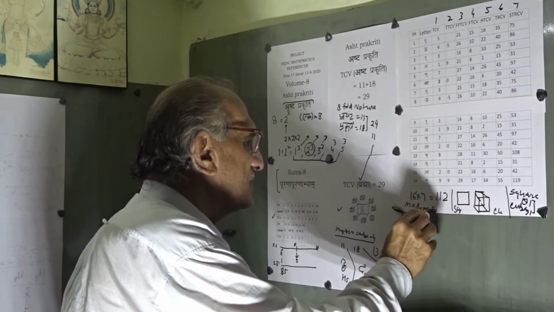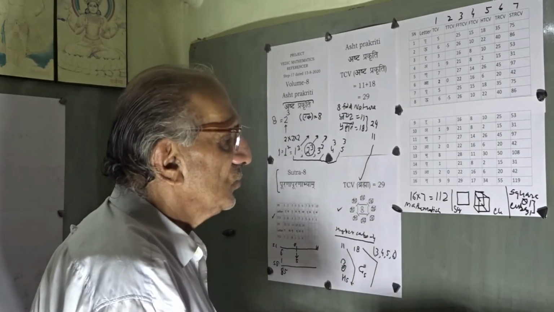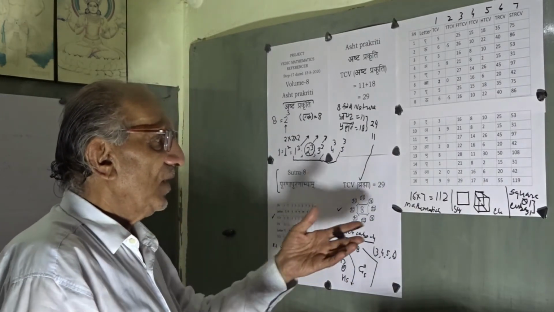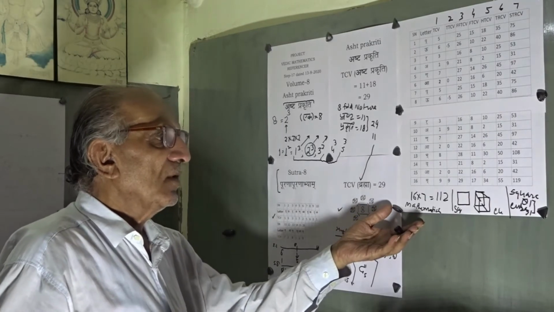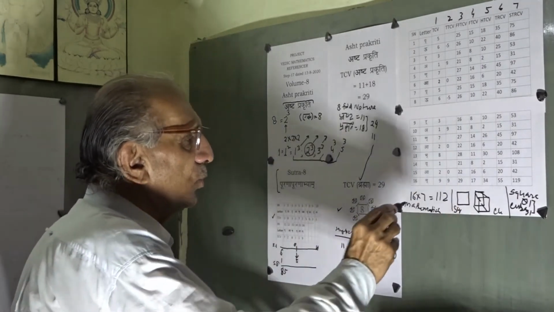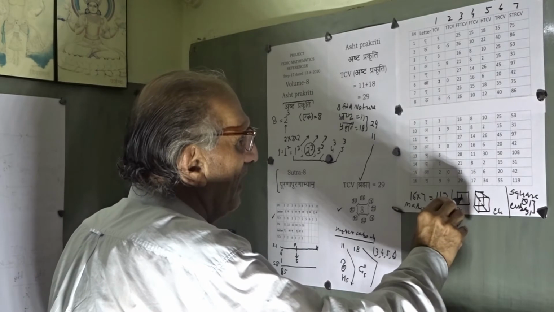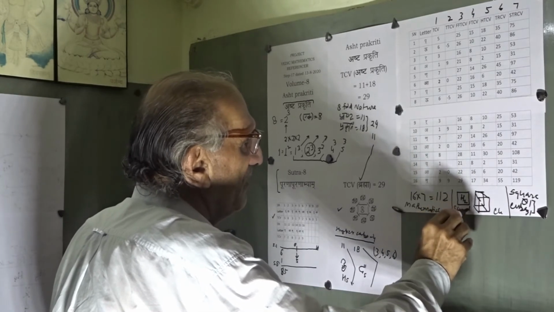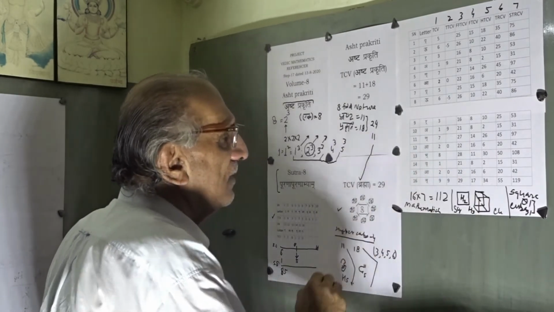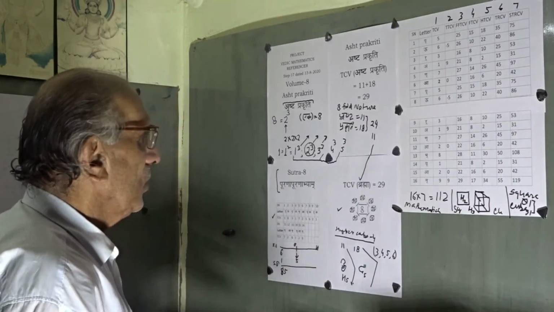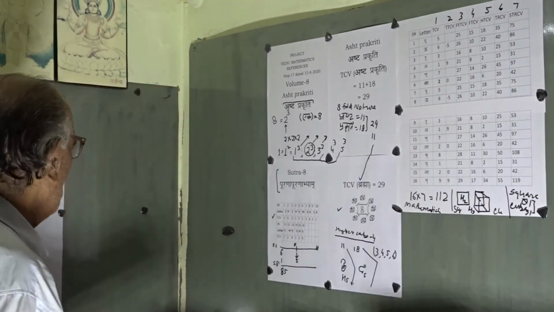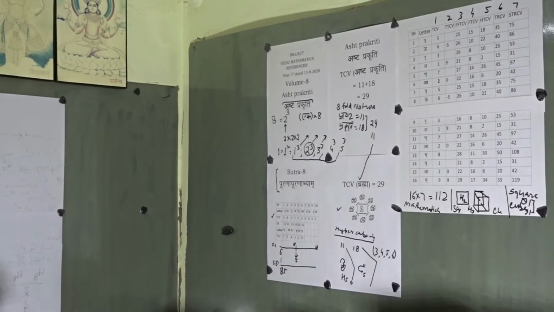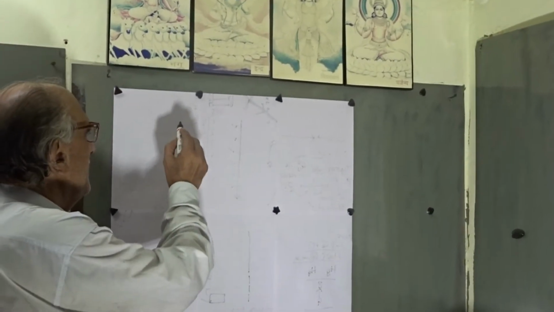Therefore, the mathematics of Ganita Sutras will be the mathematics of the hypercube 2 and hypercube 3 simultaneously manifesting.